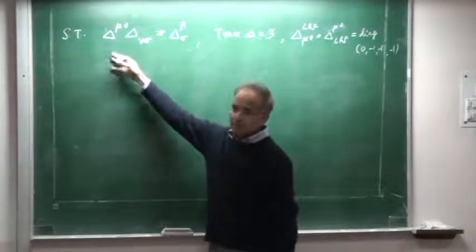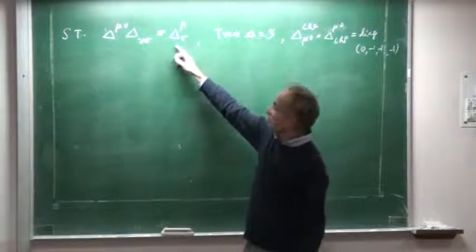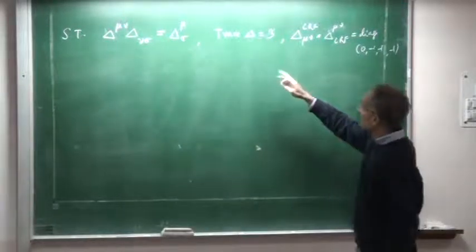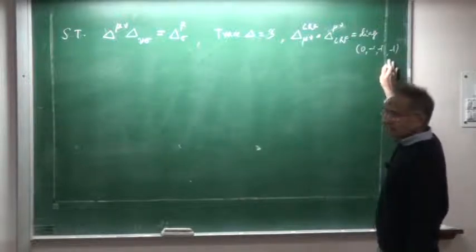The product of two projection operators is another projection operator. This is 3, and in the local rest frame it is diagonal with these elements.